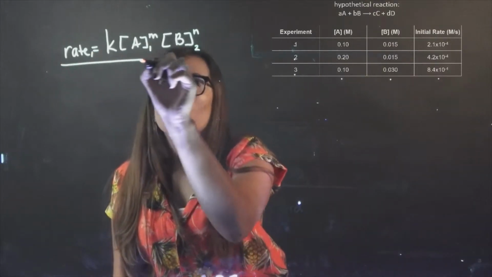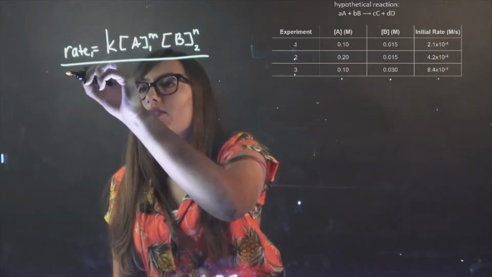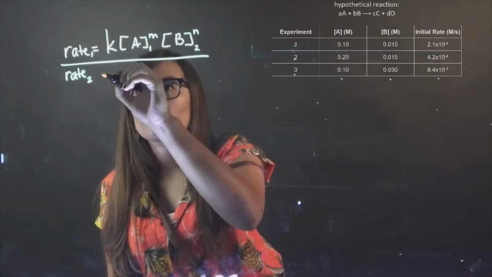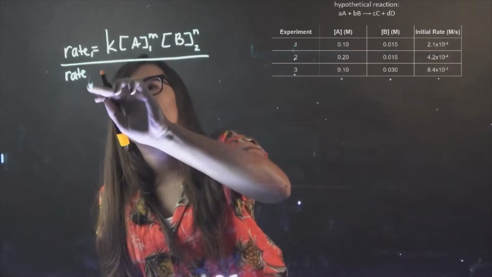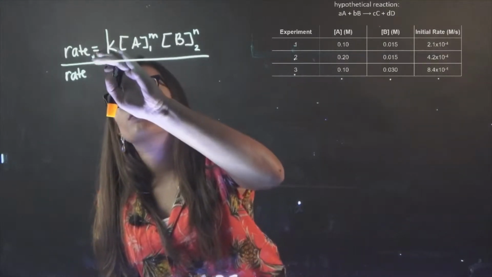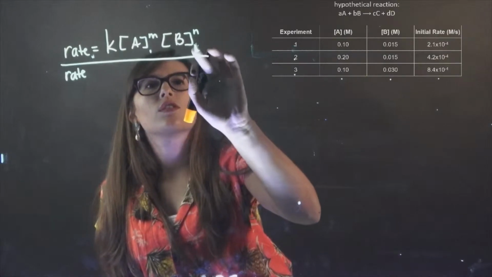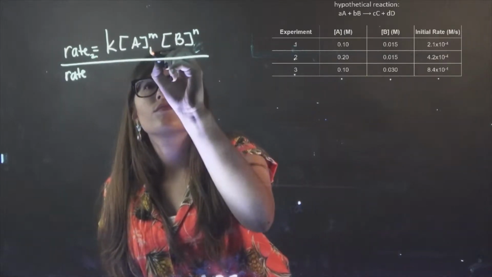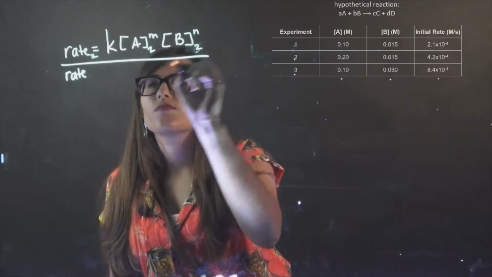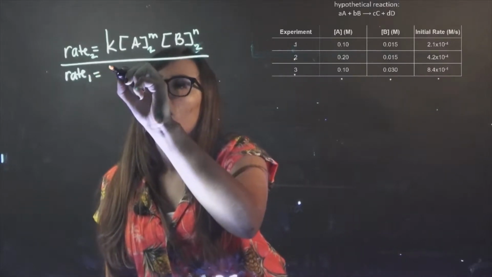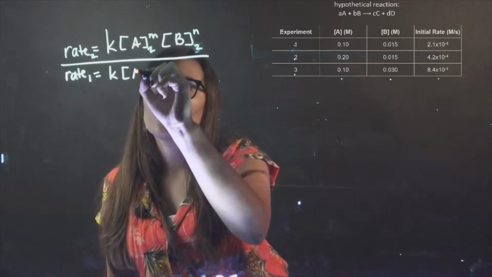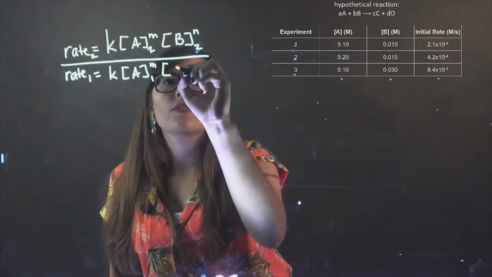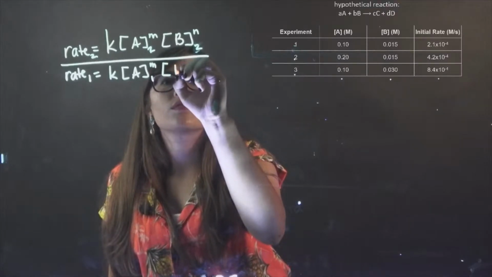I'm going to divide everything by the second experiment, rate 2. Oh, actually, I'm going to do 2 over 1. In experiment 1, we'll have as follows, divided by everything from experiment 2.